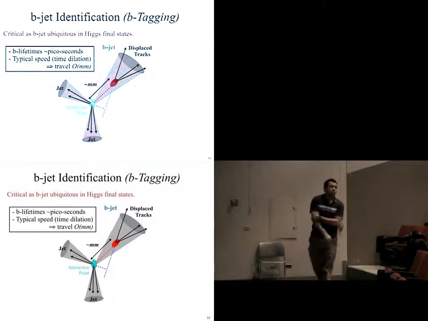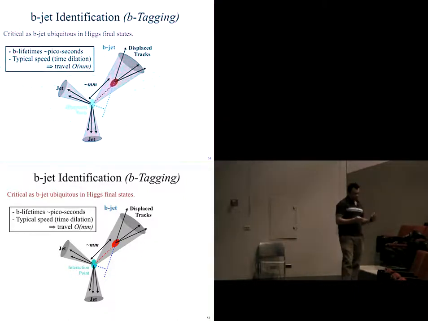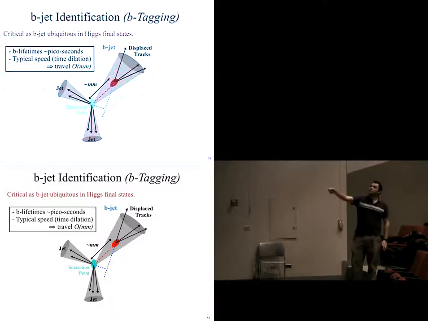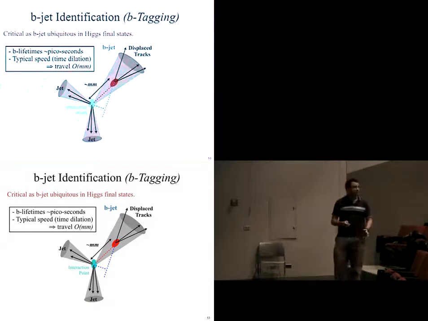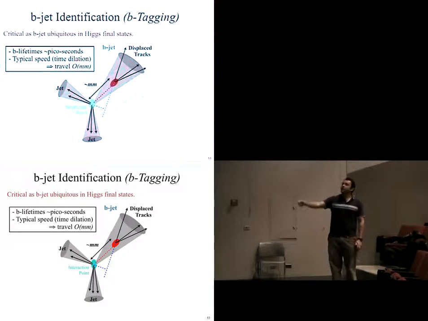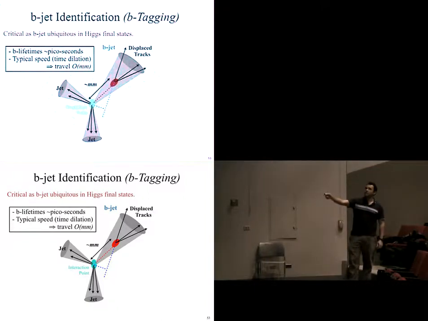And just to give you some feeling for the scales involved in the problem, the particles that have the B quarks in them have a lifetime of picoseconds, so that's 10 to the minus 12 seconds, which is not very big. But because they're coming out with such speed, and there's this effective time dilation that we talked about earlier, these things actually travel millimeters.